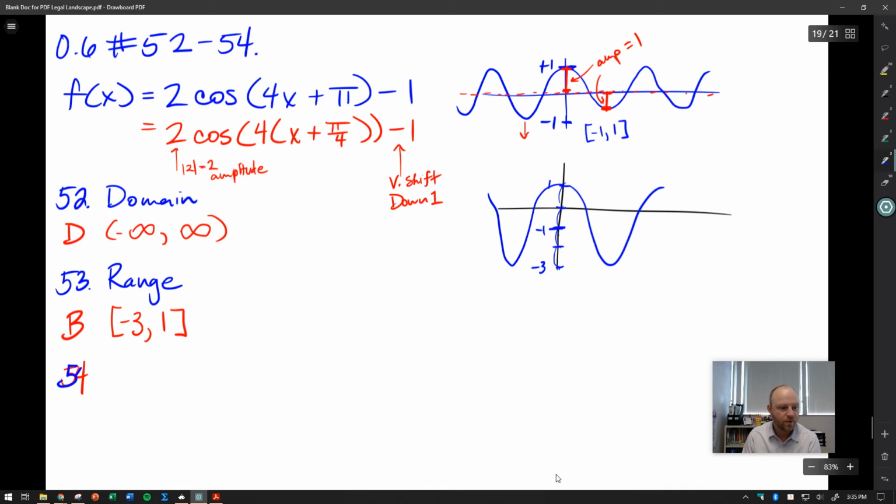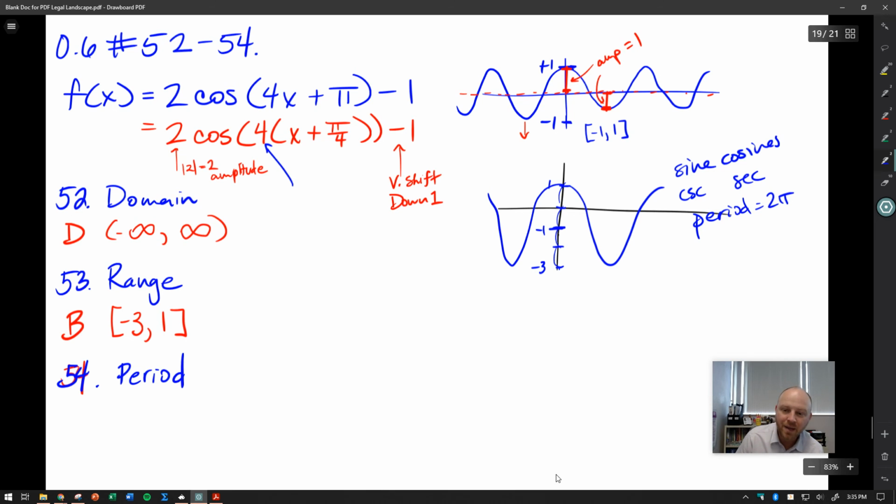Then on 54, we are asked for the period of this function. For 54, we want to look at this number for the period, that 4 that we factored out of the 4x plus pi. The sines and cosines and the cosecants and the secants all have a period of 2 pi.